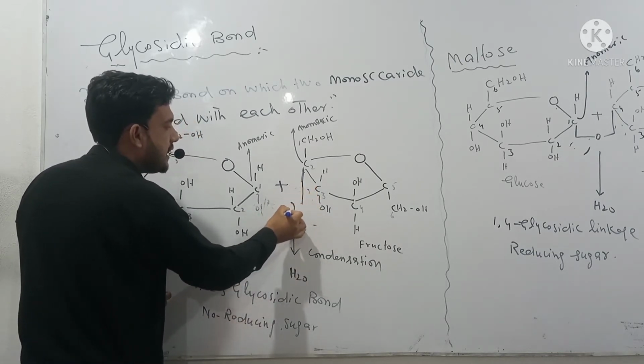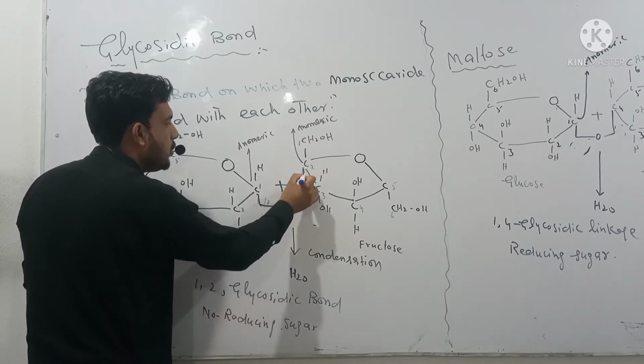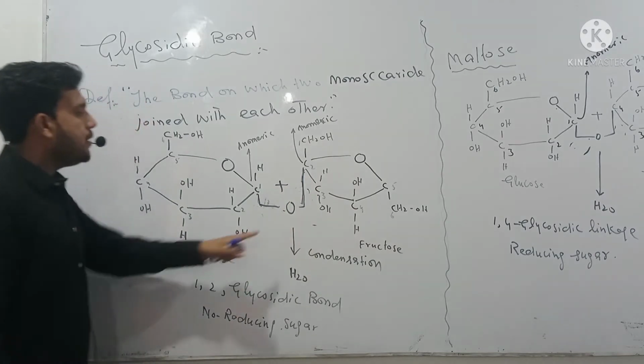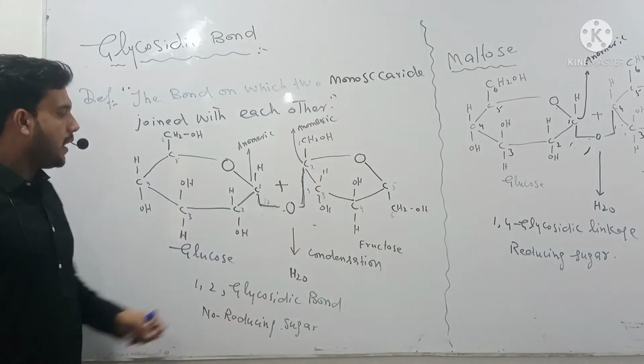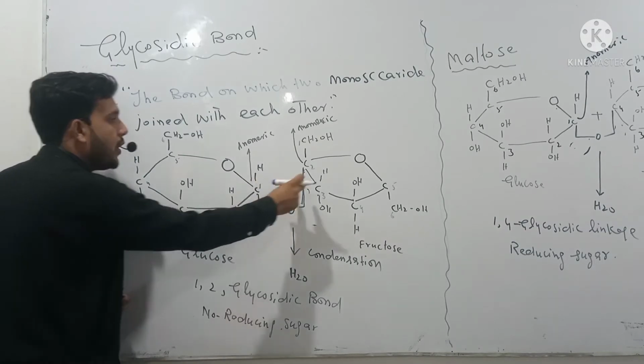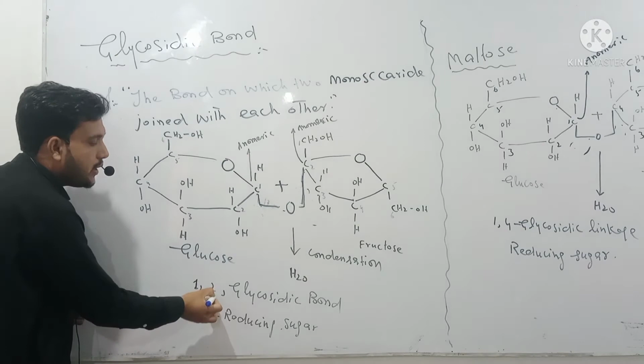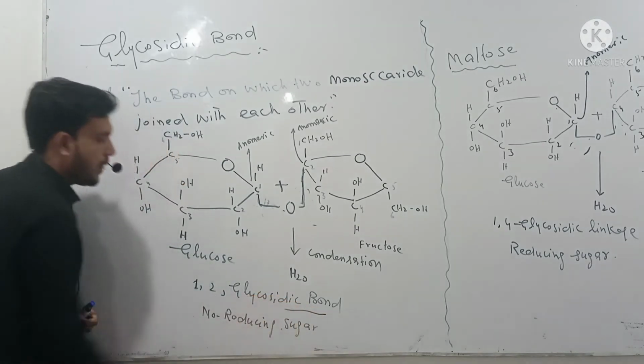Here, the oxygen remains, and the oxygen joins the two molecules and forms a bond which is known as a glycosidic bond. That bond is formed between carbon number 1 and carbon number 2. This is why it is known as a 1,2 glycosidic bond.